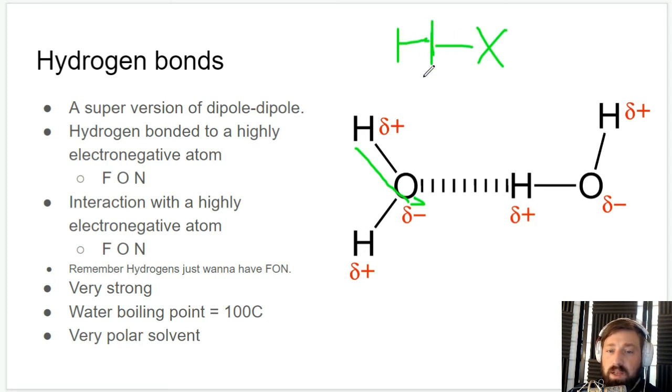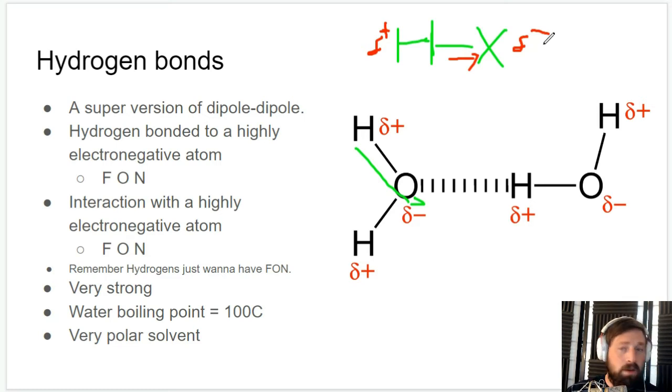The reason why it needs to be connected to a hydrogen is because hydrogens don't have any lone pairs, so there are no other electrons here. It means if these electrons move this way, there's going to be a huge positive charge around this hydrogen because there are no electrons left. So what does X have to be? X has to be very electronegative in order to pull these electrons. And if that's the case, then this is going to be very negative.